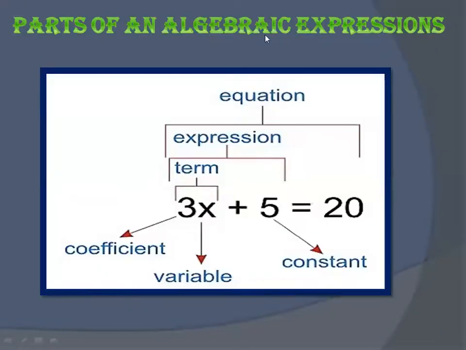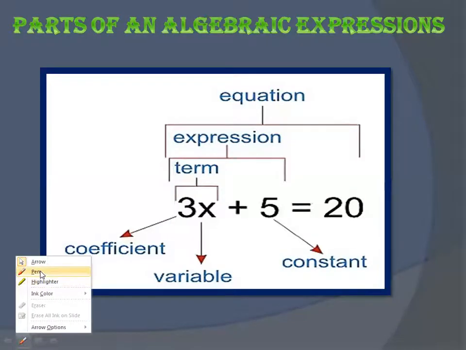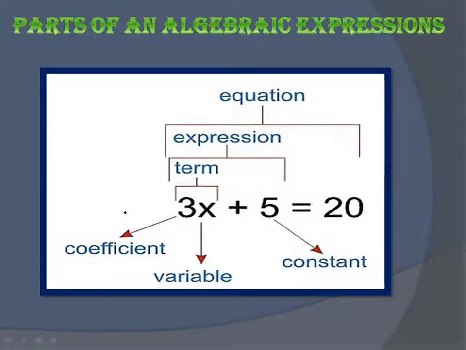Now, before starting, let's quickly revise the parts of an algebraic expression, because this is a must. You have to memorize it and learn it until you can identify them immediately. Just suppose here you have 3x and here you have 5. What will be your coefficient? What will be your constant? Any number which is multiplying or dividing the variable x is called the coefficient.